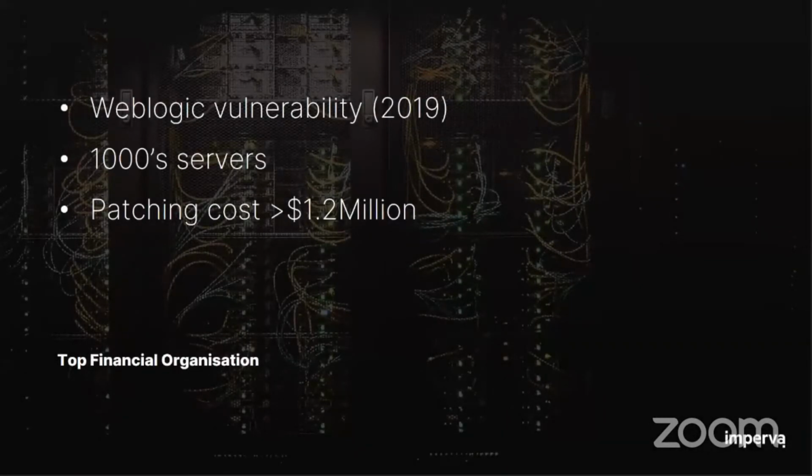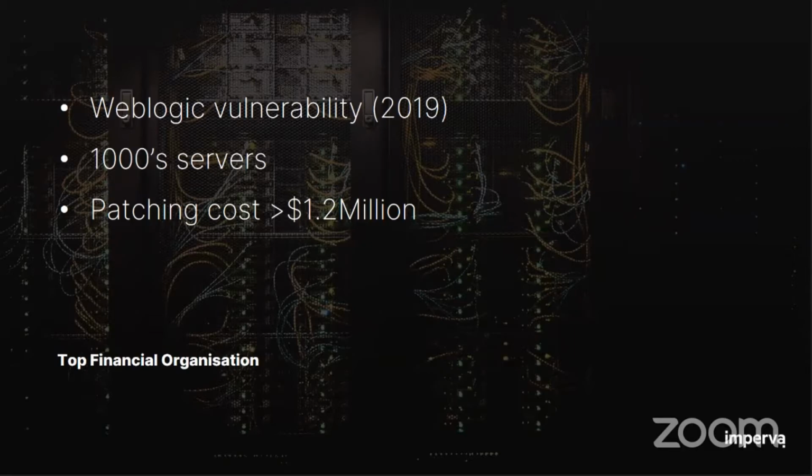A financial organization, my last example, uses WebLogic, which was found to have a vulnerability last year. They had already patched it several times, and the cost involved in patching was greater than 1.2 million US dollars. The T3 protocol vulnerability, as it is called, would have allowed remote command execution had an attack taken place.